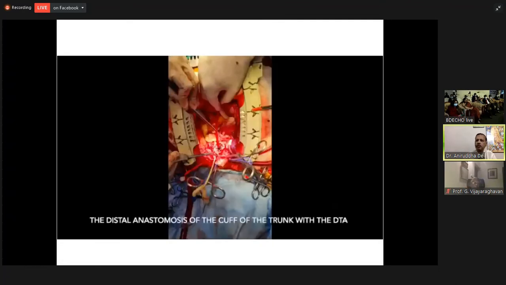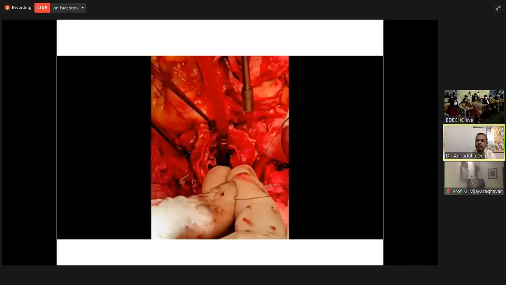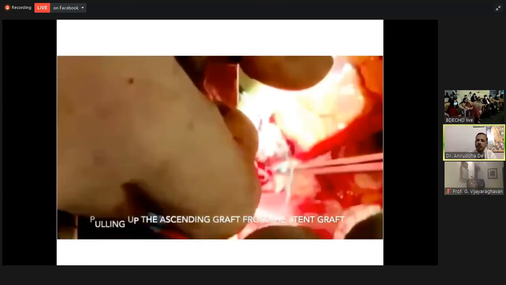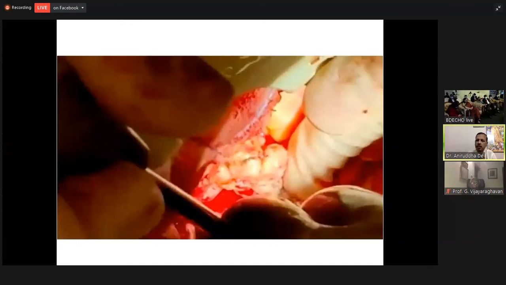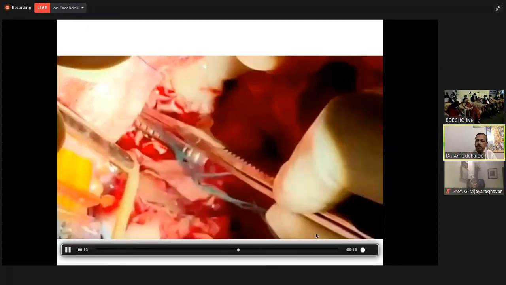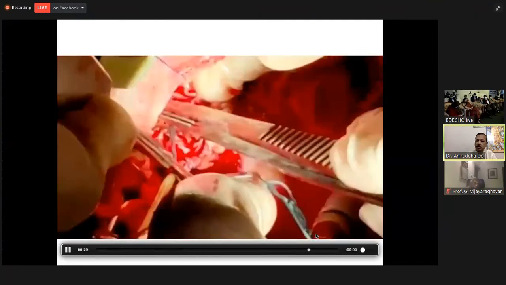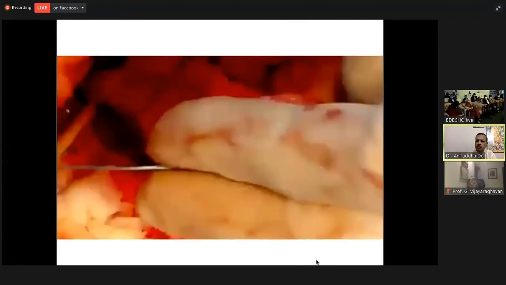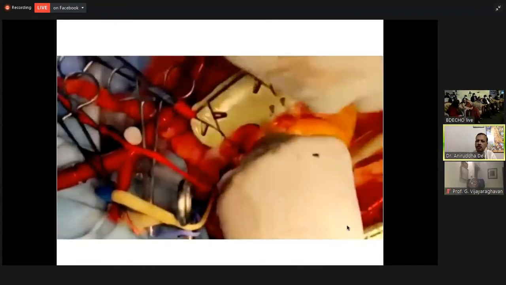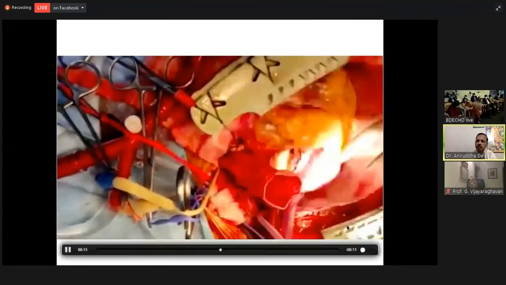Then the distal anastomosis of the cuff of the trunk with the DTA. And then pulling up the graft from the ascending aorta, and then suturing the graft.